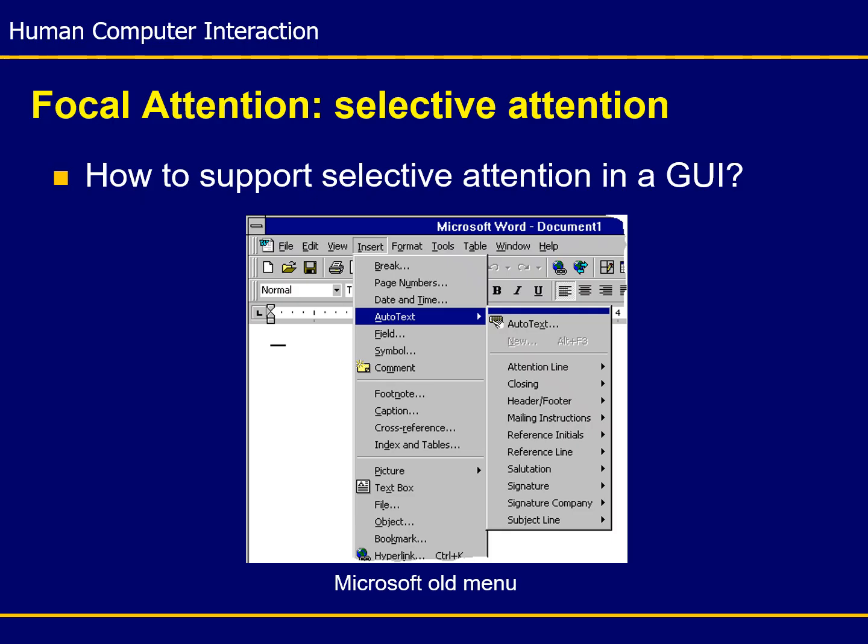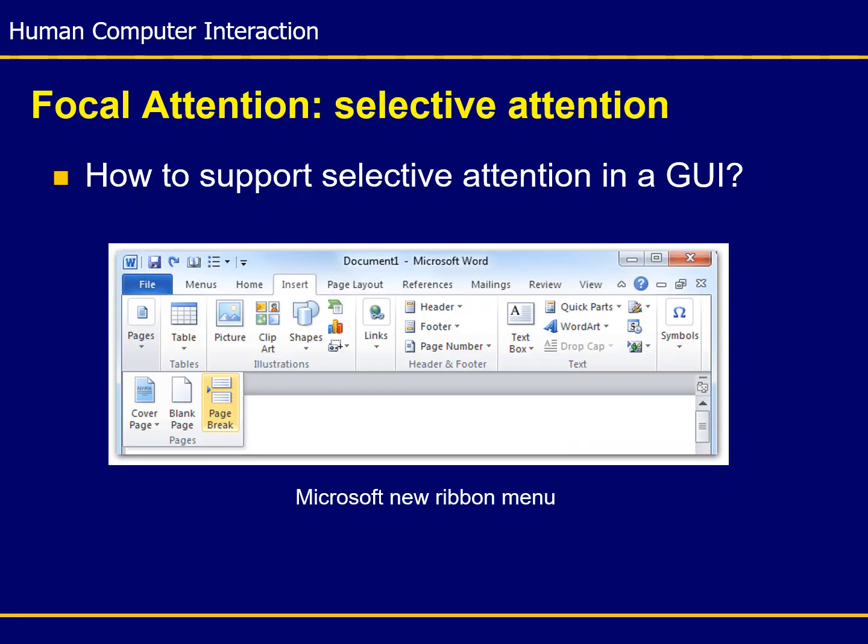Okay. Now this is what Microsoft did later on. They introduced the ribbon, which I have discussed briefly before when I was talking about the gestalts. Now, what they did in the ribbon is that they flattened all their menus. They had like a huge hierarchy of nested menus. They flattened it and they put it all in front of the user. Okay?